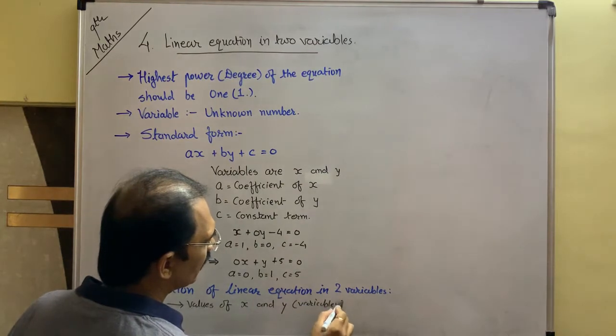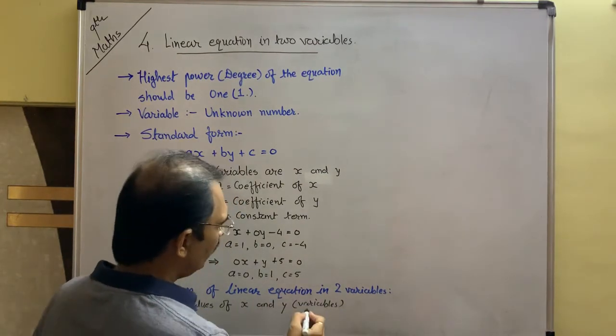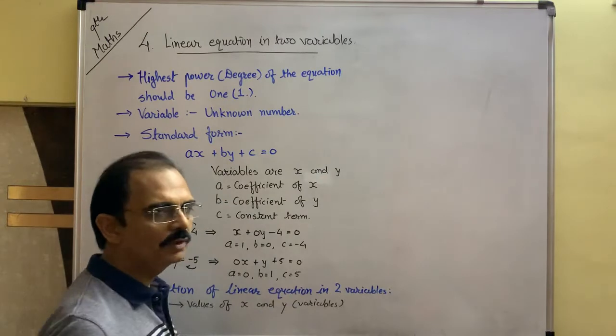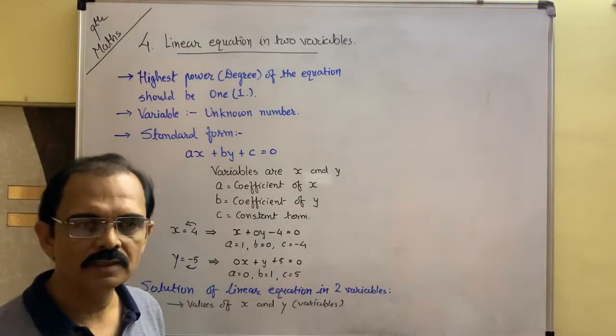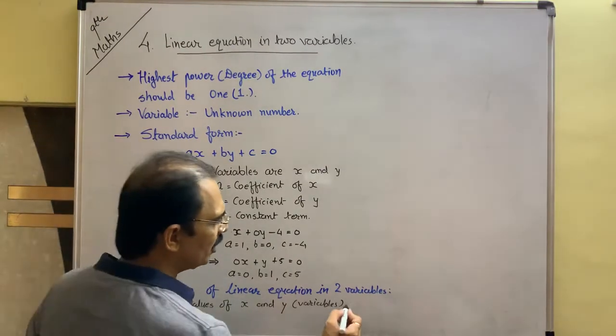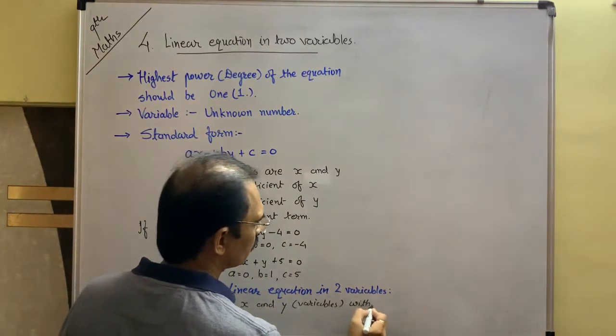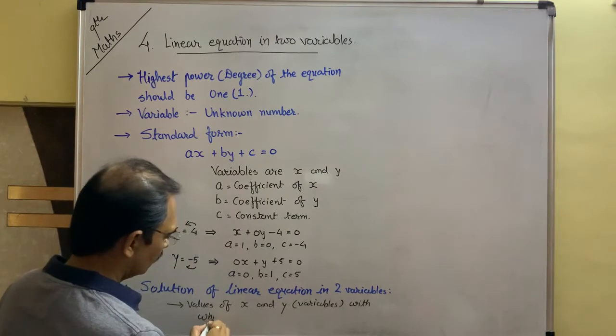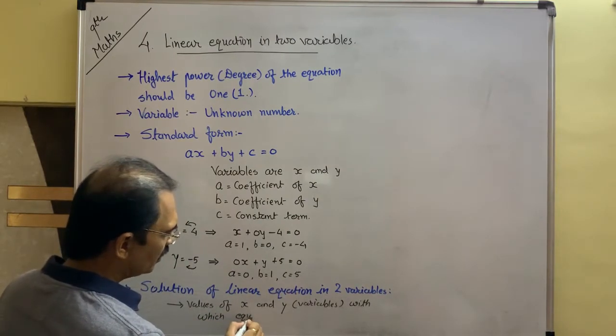If you use variables a and b, then it is a and b. If you use variables p and q, then consider p and q. Here we consider x and y. So I take the values of x and y with which the equation is satisfied.